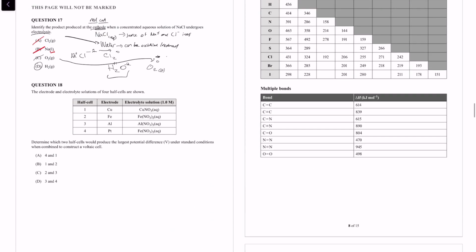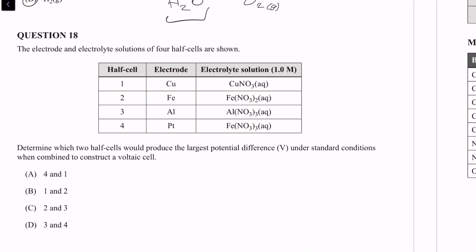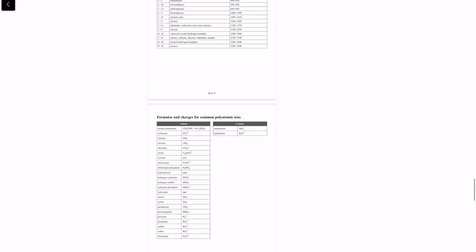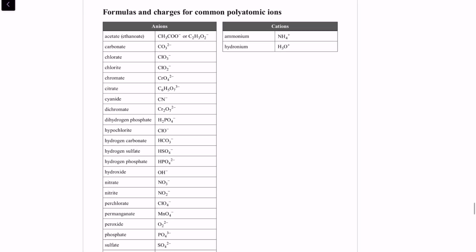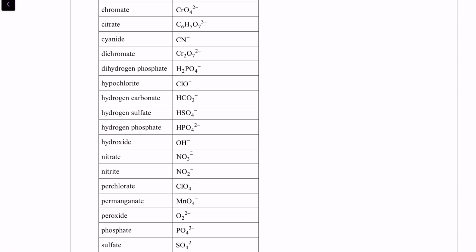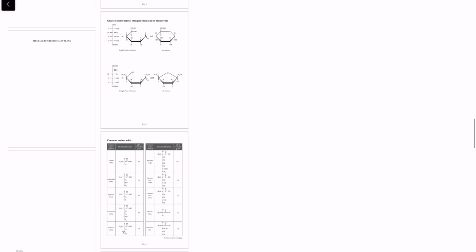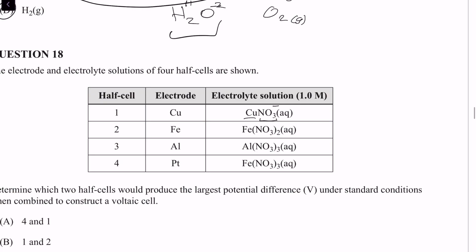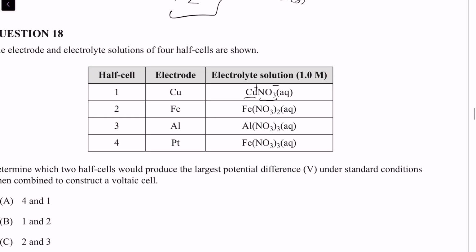So we know that for cell 1 we have copper, right? And the NO3 here, if we look at page 15 of the formulas and charges for common polyatomic ions, we know that NO3 is a minus here. So you can safely assume that this copper would be a copper plus to cancel that out.